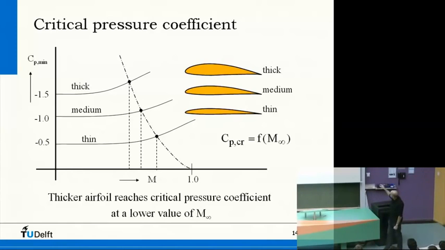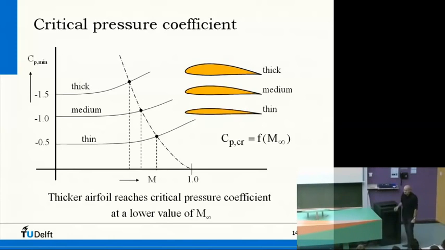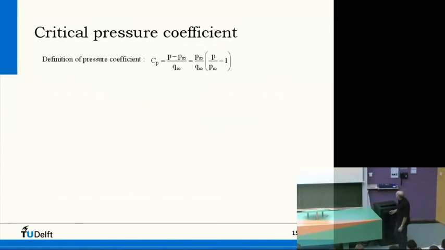And the point where Mach 1 is reached comes closer to 0, of course. Because in this case, the super velocities are so high that Mach 1 is encountered earlier than in this case. So there is a relation between the thickness of the airfoil and the critical Mach number. And you see this line here, and we'll look at it closely.